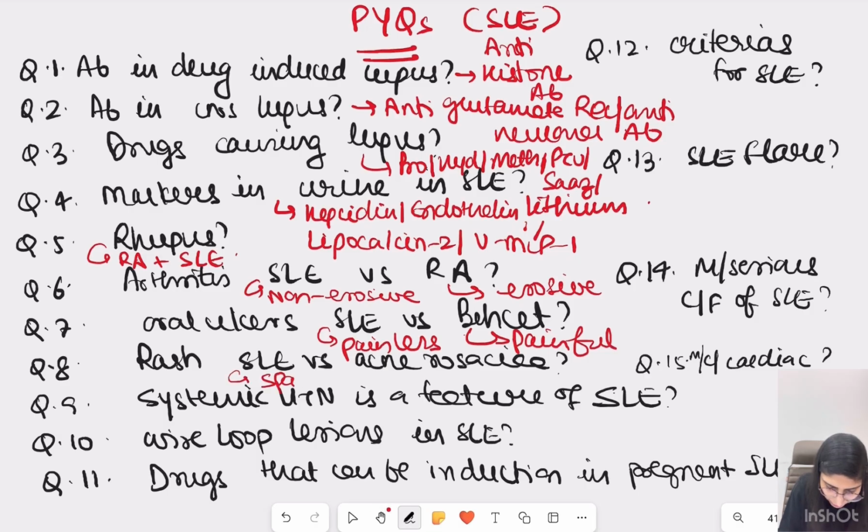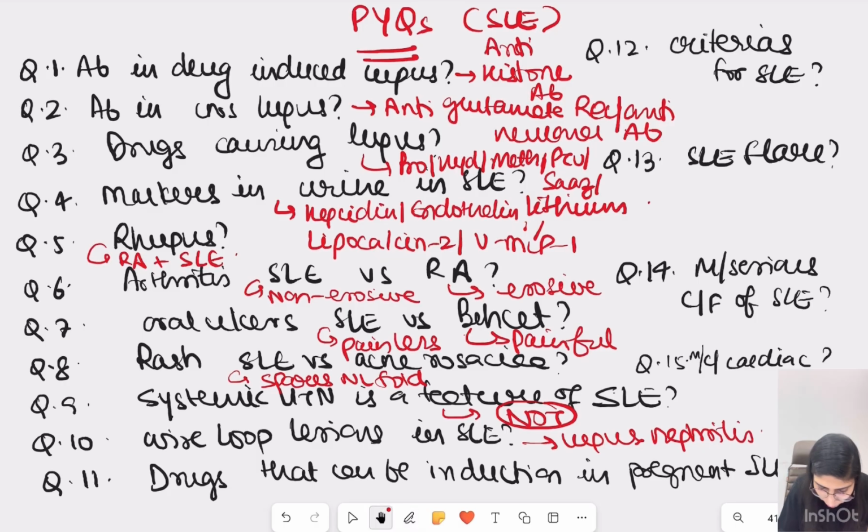Rash in SLE spares the nasolabial fold, while acne rosacea involves the nasolabial fold. Systemic hypertension is not a feature of SLE. Wire loop lesions are seen in lupus nephritis. Drugs that can be used for induction in pregnant SLE patients: steroids, and if refractory, then rituximab.